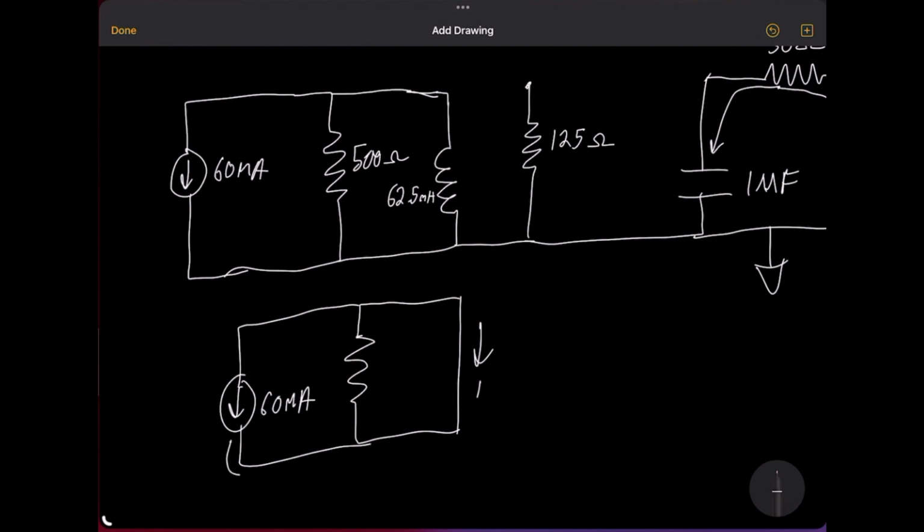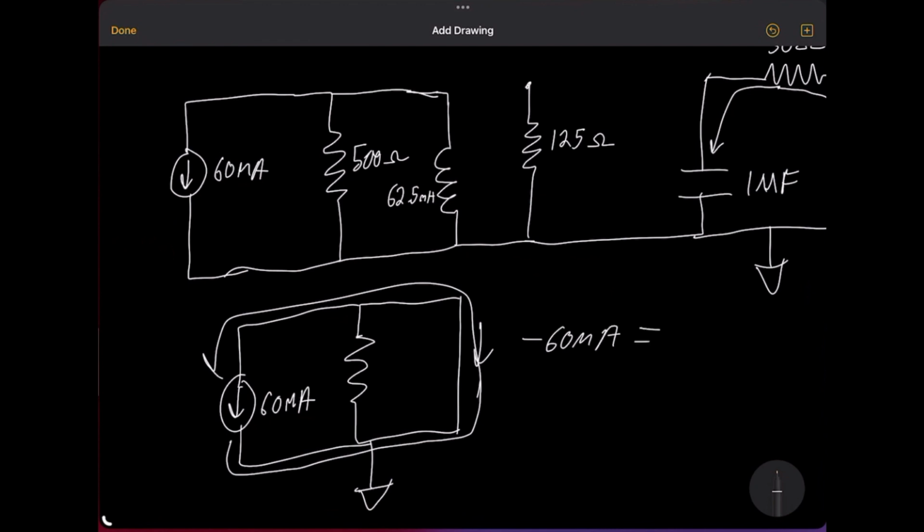And as this travels, it's going to take the short-circuited path, going that way. As it goes down to ground, it's going to be a negative 60 milliamps since it's opposing the current source. Okay, so now that we figured out our initial values for this circuit, we can now solve for everything else.